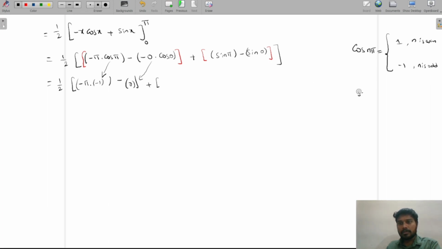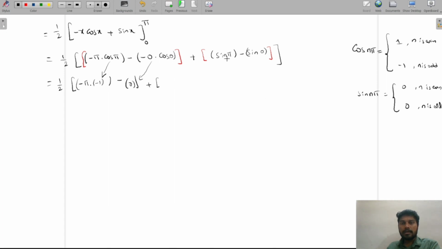What is the formula of sin n pi? When n is even and when n is odd, your sin n pi is 0. So sin 1 pi is 0, sin 2 pi is also 0, 3 pi, 5 pi, 7 pi, odd numbers are zeros. Sin 2 pi, 4 pi, 6 pi, 8 pi, even numbers are also 0.